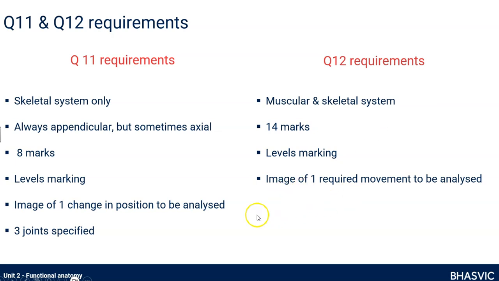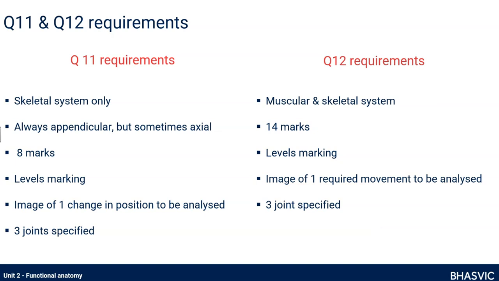It will always have an image requiring one movement to be analysed, the movement from the preparation to the execution phase. And again, you will only ever be asked to analyse 3 joints. They will specify which limb, which joint they want you to do, and you must do those that they have chosen. So that hopefully clarifies the difference between the 2. We'll start off working on question 11 and get that brilliant, and then we'll work on question 12 when we've done some muscular system work.